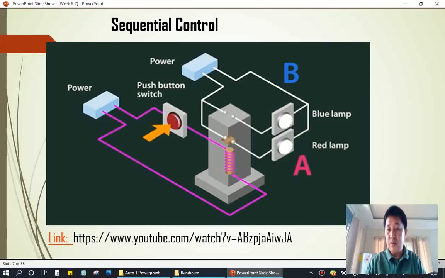Instead of discussing it myself, I watched this discussion, and it explains the sequential control system very well. I will give you this link as part of our discussion.